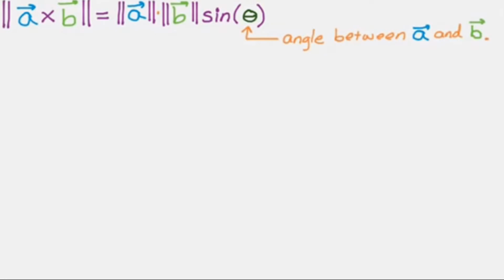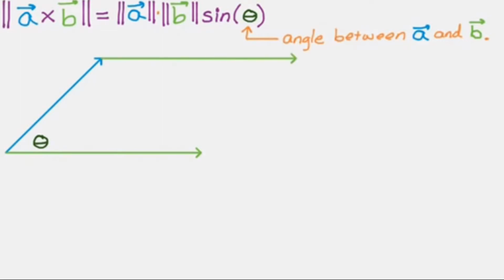So, if A and B are two adjacent vectors and these vectors are completed to form a parallelogram, we take our base to be modulus of B, and this slanting blue side to be the modulus of A, and theta is the angle between the two vectors A and B.